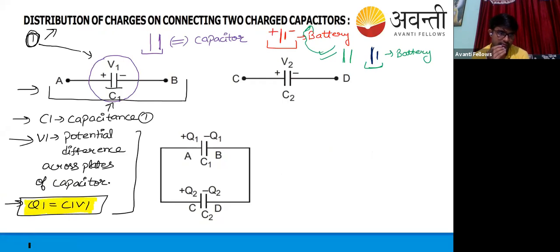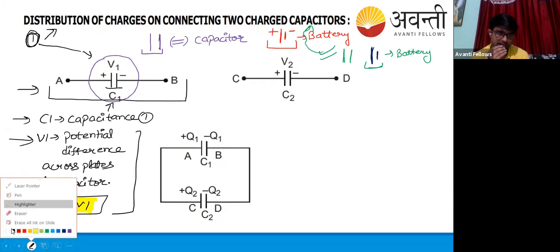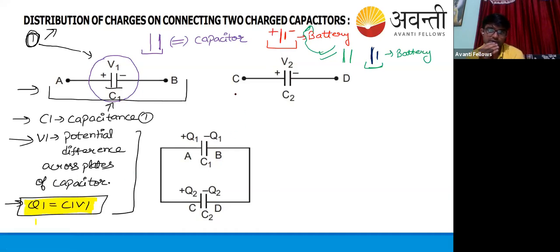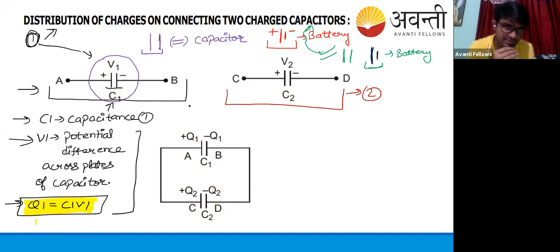I'm using a black pen. Let us use a red pen here. Maroon, it's okay. So now for capacitor C2. What's the scene for capacitor C2? So for capacitor C2, the thing is this.